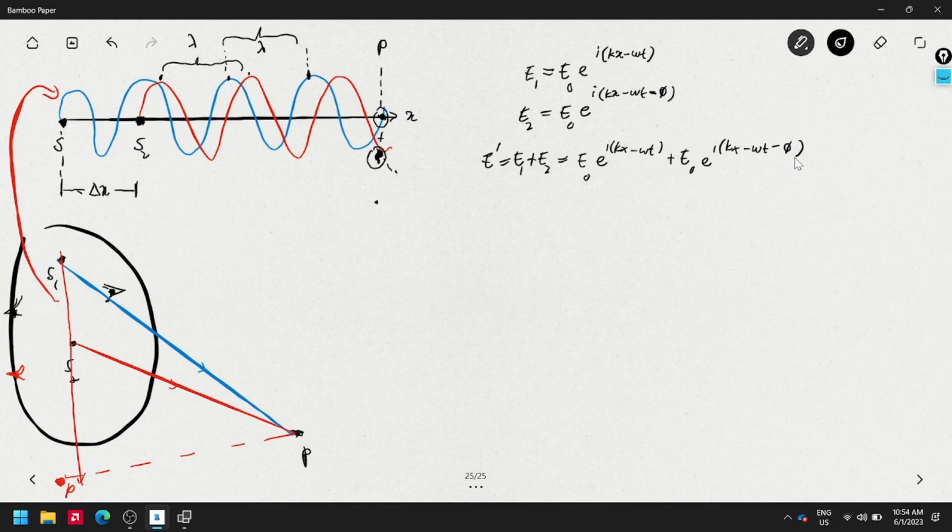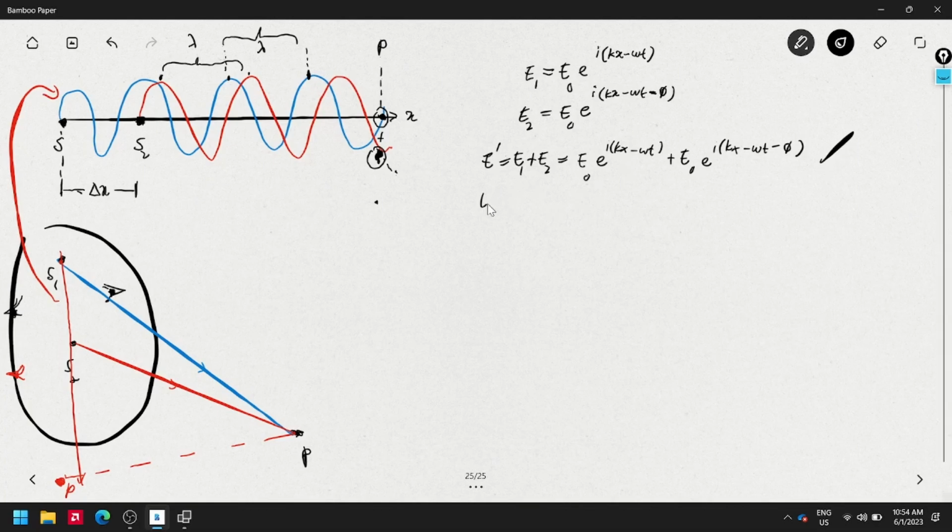Are you guys okay? So we will not really bother with kx in our analysis. We don't really modify the kx, so we can just use this.